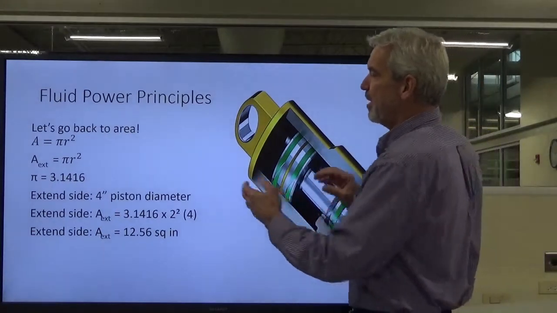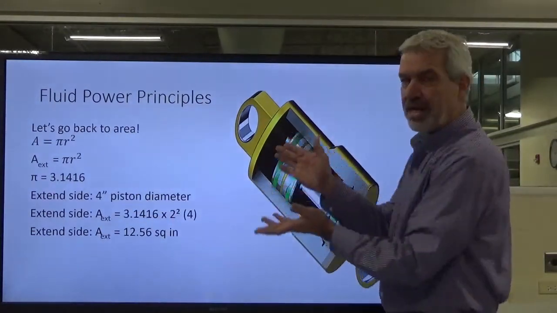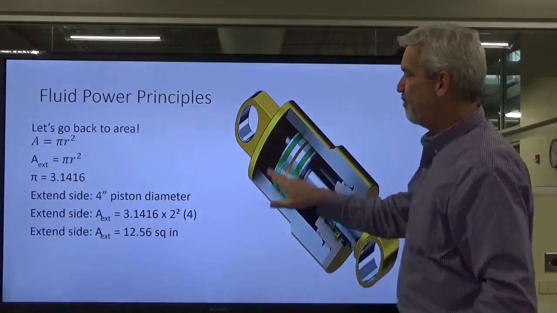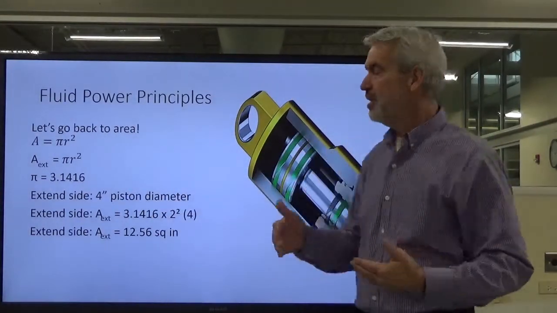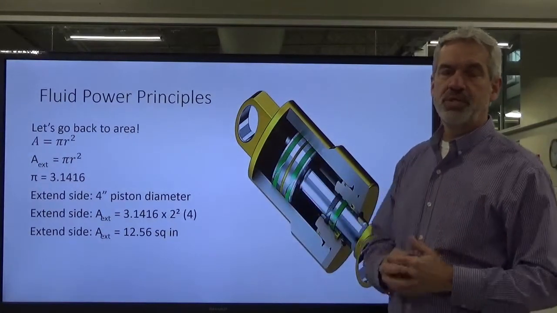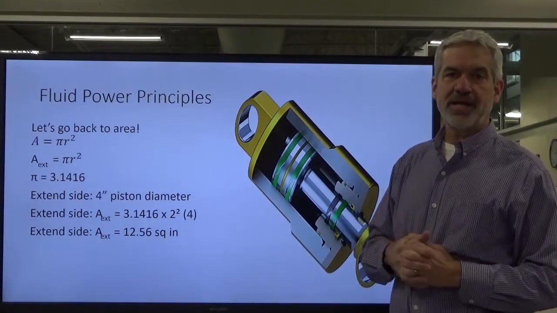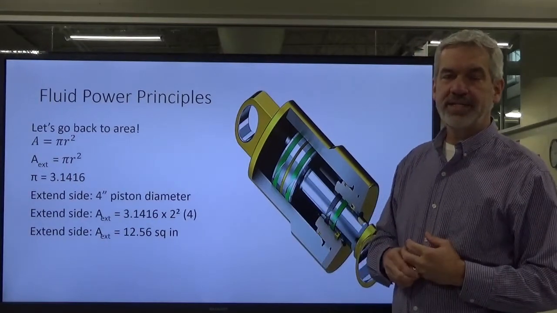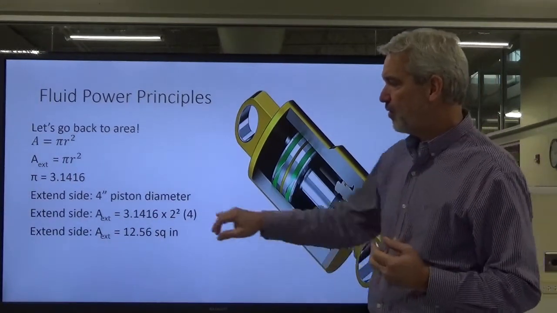But in this example, we've got a 4-inch diameter piston, okay? So to find that area, all we have to do is take the radius of that 4-inch diameter, and the radius is half the diameter. So half of 4 is 2. We square that, which is multiplying it by itself, 2 times 2 in this case. We wind up with the number 4.